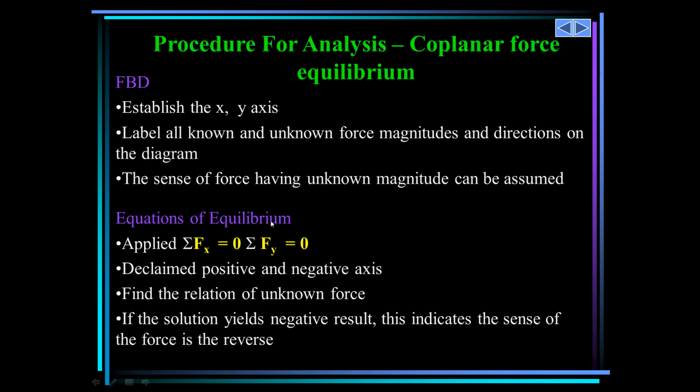For the equations of equilibrium, how can we write them down? Based on the components in X and Y directions, the summation of all forces in X and Y directions equals 0. Define the positive and negative axes, and find the relation of the unknown forces. If the solution yields a negative result, this indicates the sense of the force is reversed.